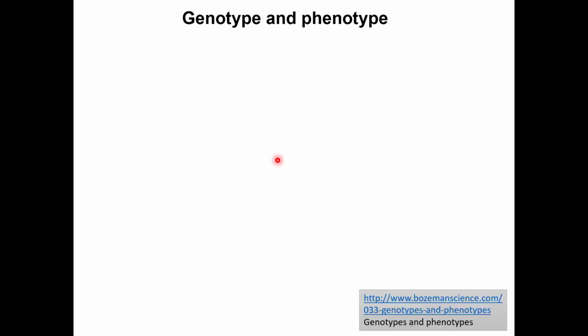So before we get into some of the fun stuff in the ideas behind modern day genetics, we have to talk about some terminology, where the first set are genotypes and phenotypes.